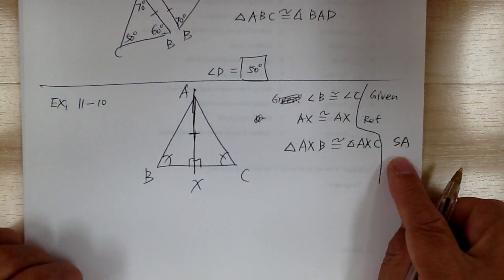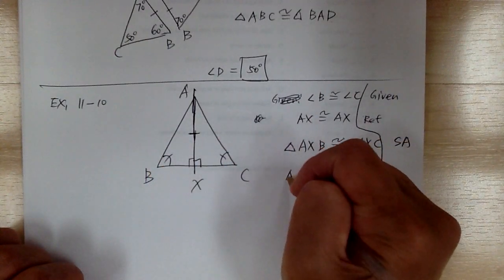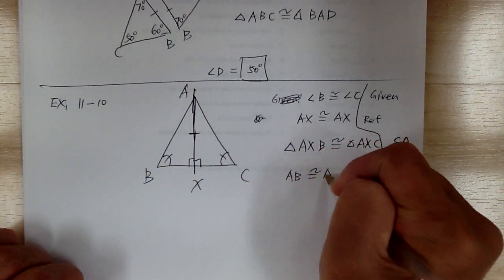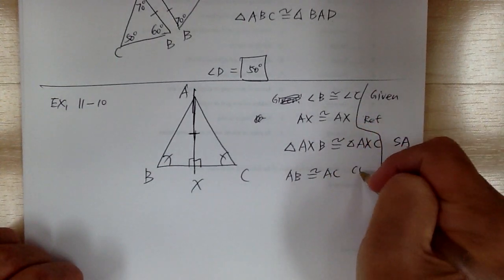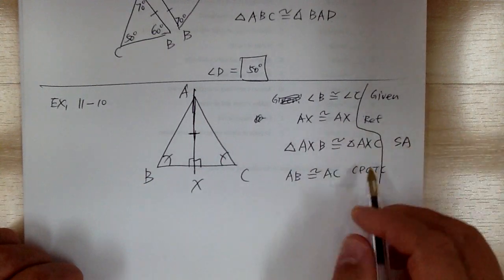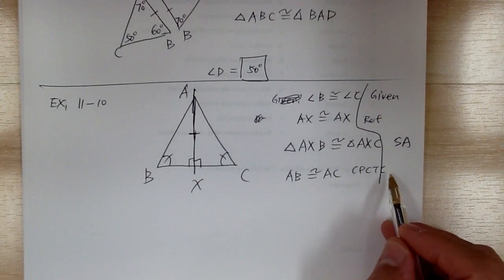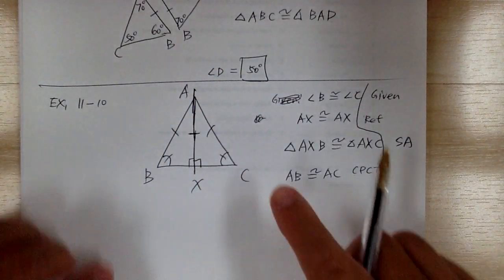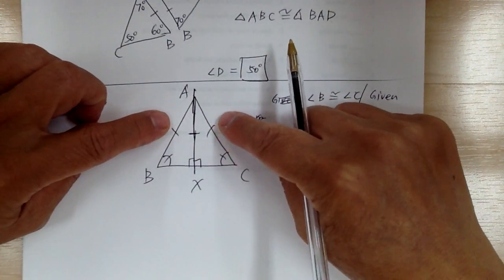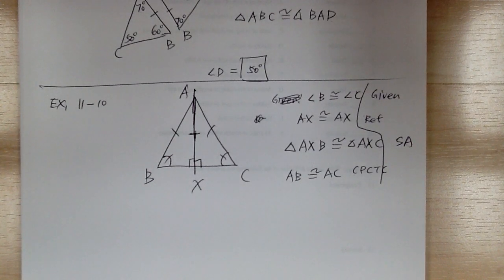Now since the two triangles are congruent, AB is congruent to AC, and that is called CPCTC: corresponding parts of congruent triangles are congruent. So that's it. This has to be congruent to that. The sides that are facing the congruent angles are congruent.